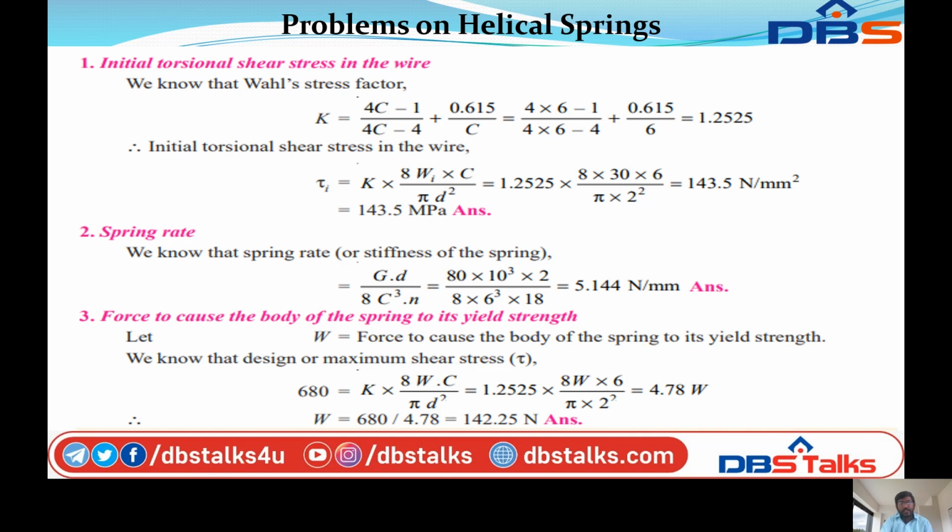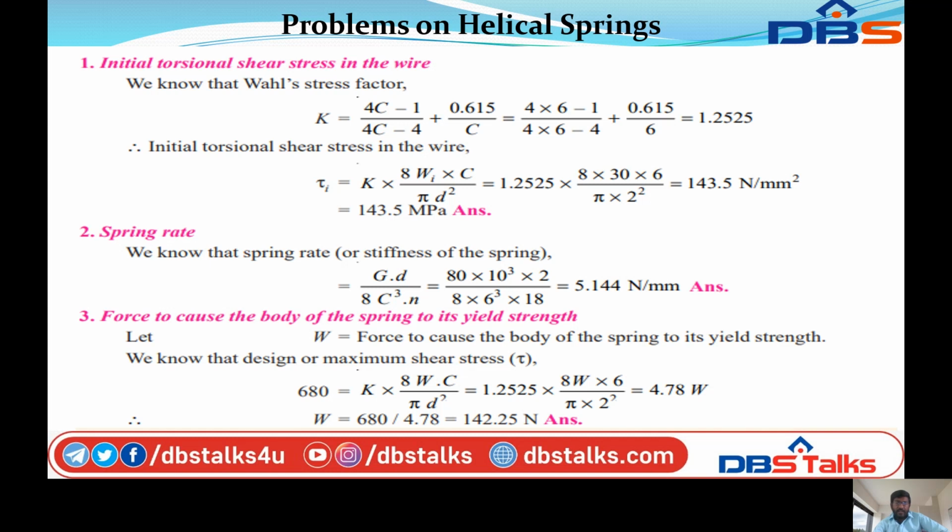So initial torsion shear stress of the wire, tau I. So tau I means initial torsion. Tau I is equal to K into 8 into Wi into C by pi into d square. That is equal to 1.2525 into 8 into 30 into 6 by pi into 2 square.